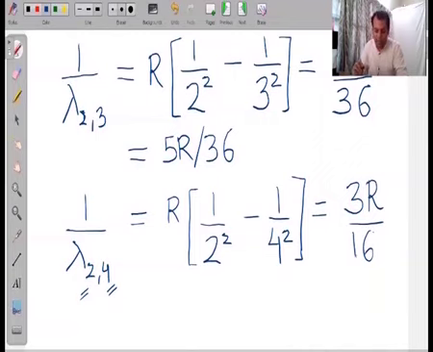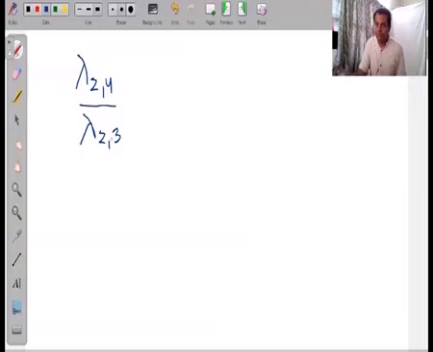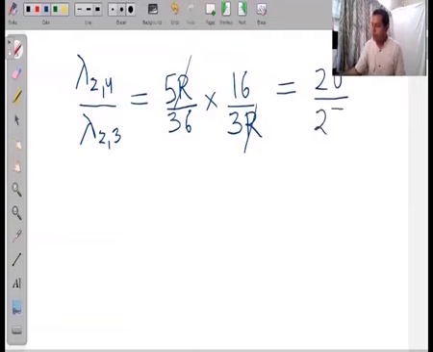In this case, we are already given one of the lines. We are given the first Balmer line, and the wavelength of that is given to us. We need to find the other one, and we don't even need the Rydberg constant to solve. We have lambda 2,4 upon lambda 2,3, and this is 5R upon 36 into 16 upon 3R, and cancelling out the terms, you get 20 upon 27.